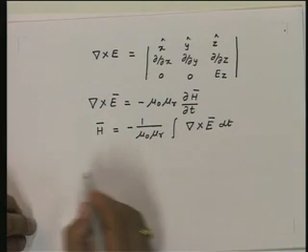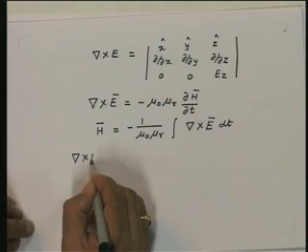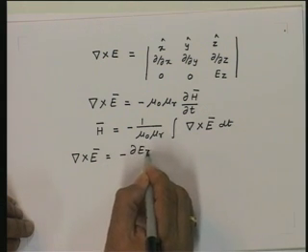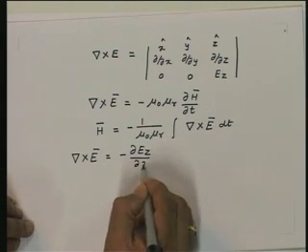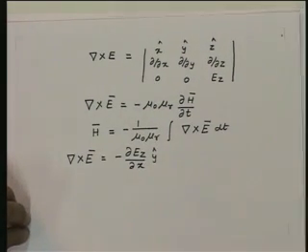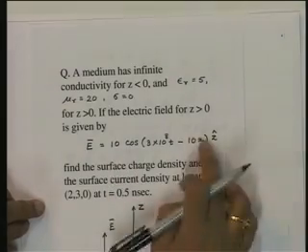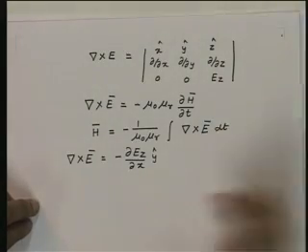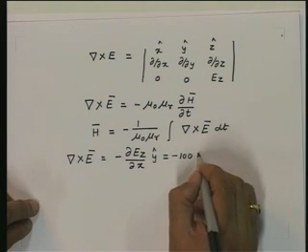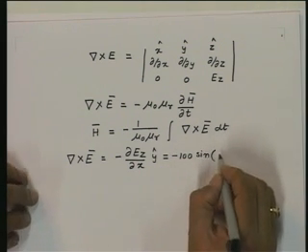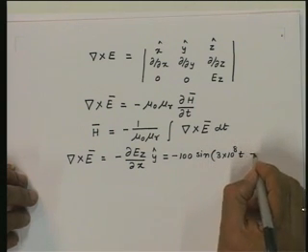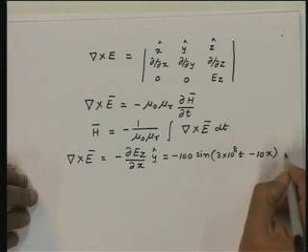So, essentially we have this del cross E will be equal to minus dEz upon dx in the y direction, and so if I substitute for this E, then I can get this quantity that is equal to minus 100 sine of 3 into 10 to the power 8 t minus 10x, y cap.